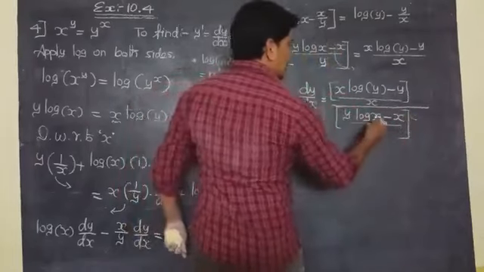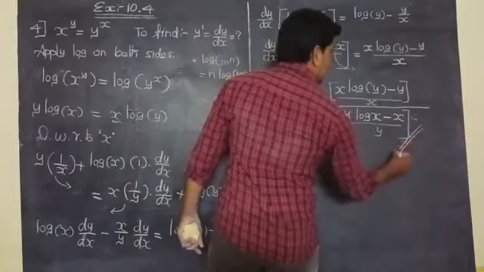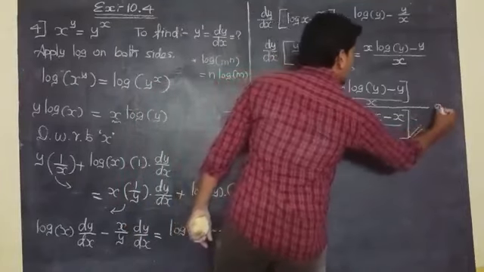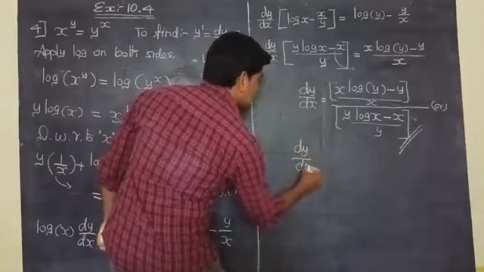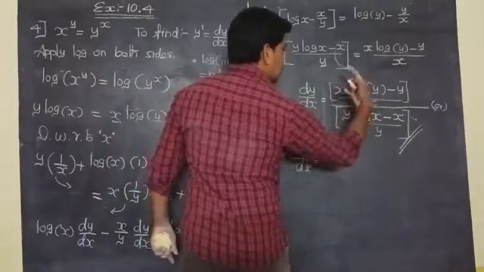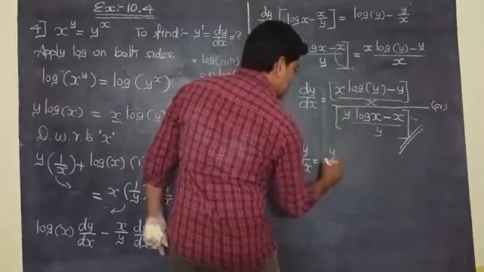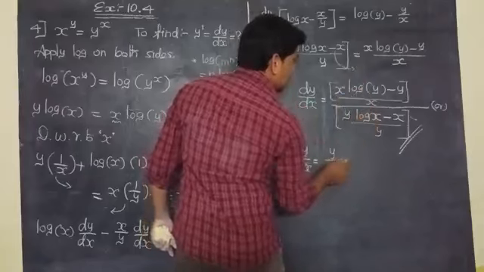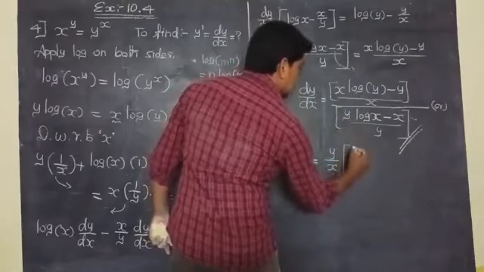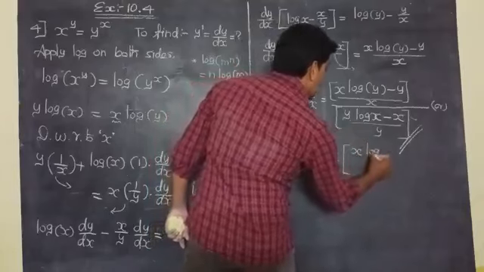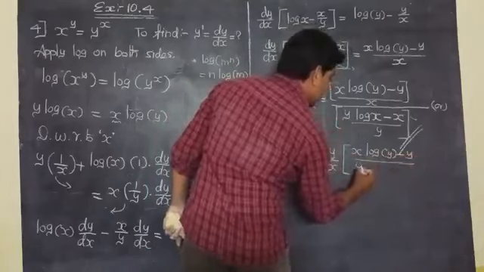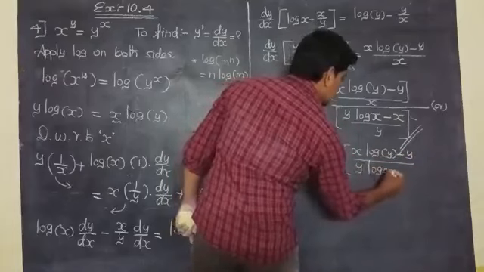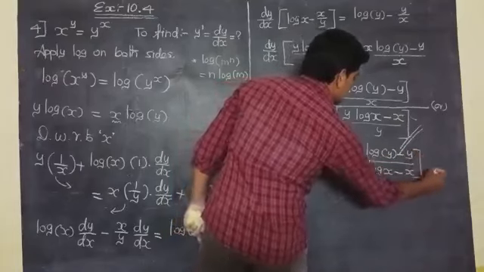This is the required result. Or it can be simplified once again in another form, that is dy divided by dx equals y divided by x into log y minus y, divided by y into log x minus x.